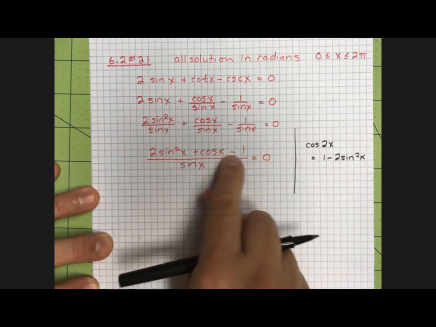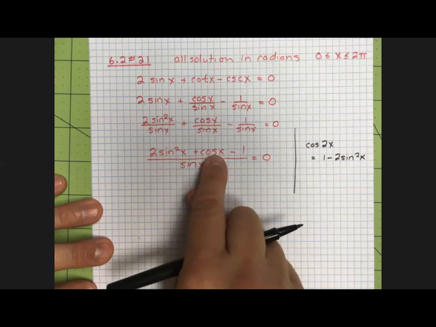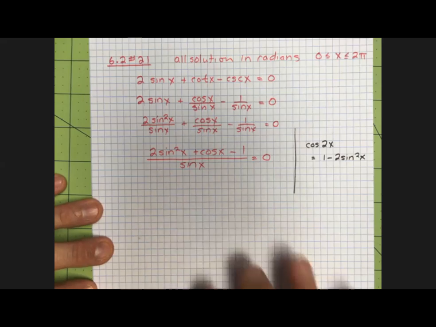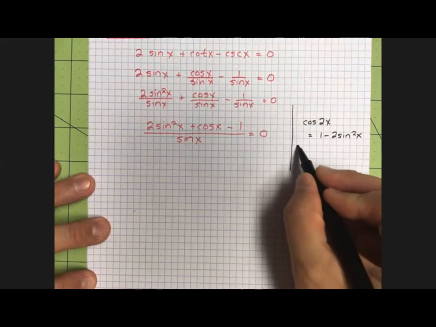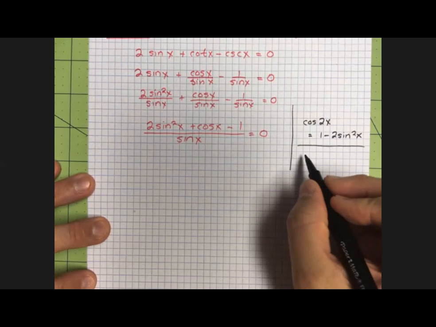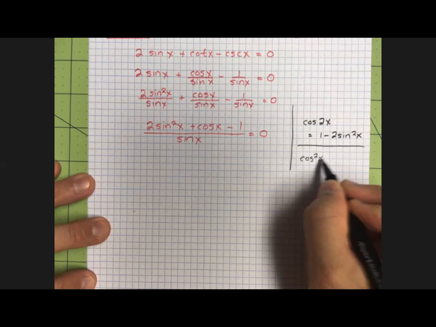So I'd like to write this numerator just in terms of one function. I'm either going to replace the sine squared or I'm going to replace the cosine. So I'm going to go through some identities that have sine squared in them and decide which one would be the most useful. What other identity has a sine squared in it? Pythagorean identity.